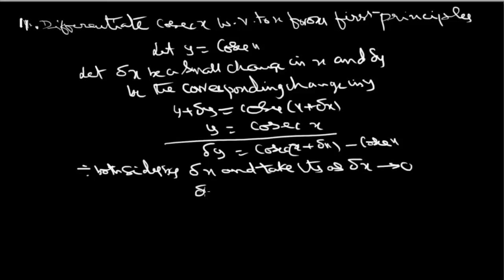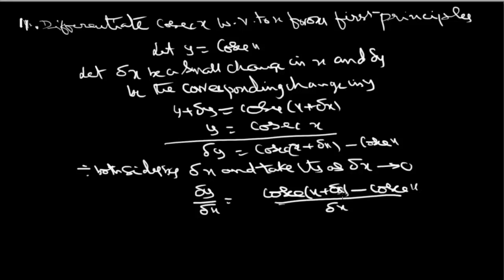First divide both sides by delta x, that is, cosecant of x plus delta x minus cosecant x, by delta x, and then write limits on both sides. Limit delta x tending to 0. Here also limit delta x tending to 0.